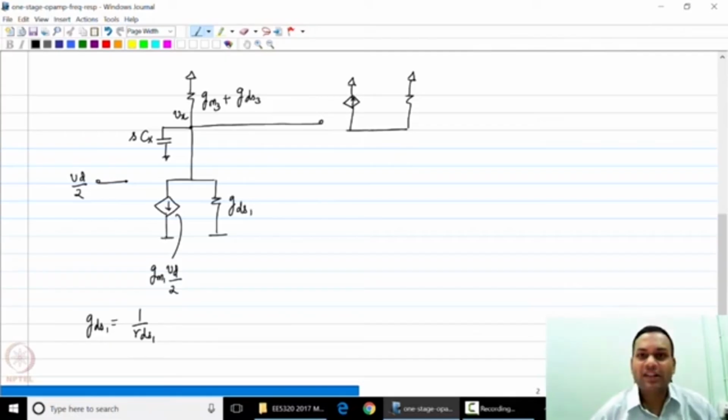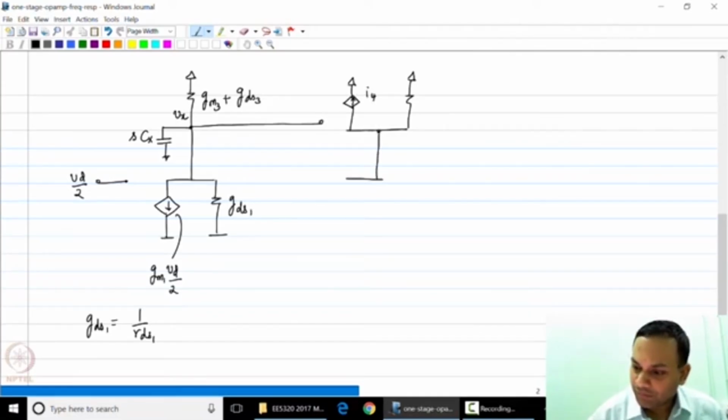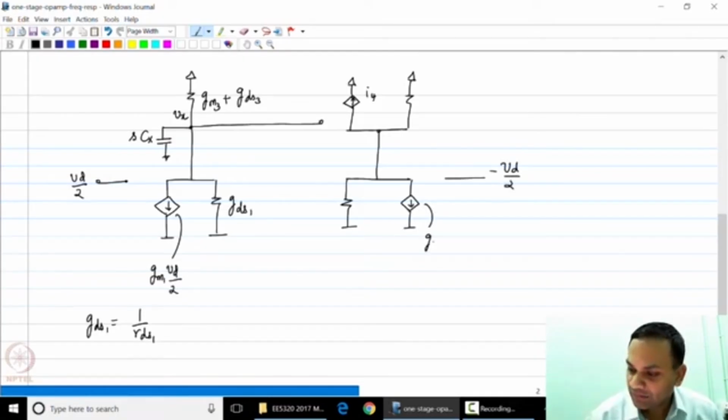and that causes a small signal current I4. And you also have the component from transistor M2, and this is nothing but the current source I2, which is GM2 times Vd by 2 with a negative sign.